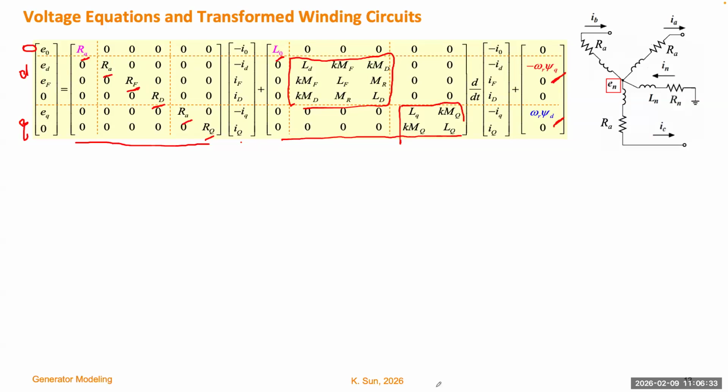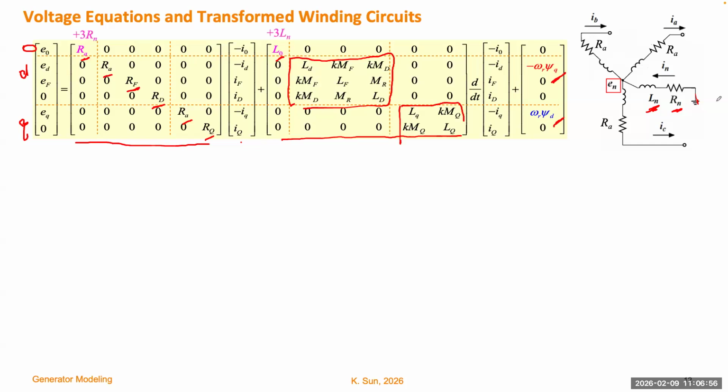Okay. And if we draw the new circuit and we add a 0 sequence, we assume that the neutral wire may have some current under some unbalanced condition or fault condition, so we need to put inductance and resistance here.